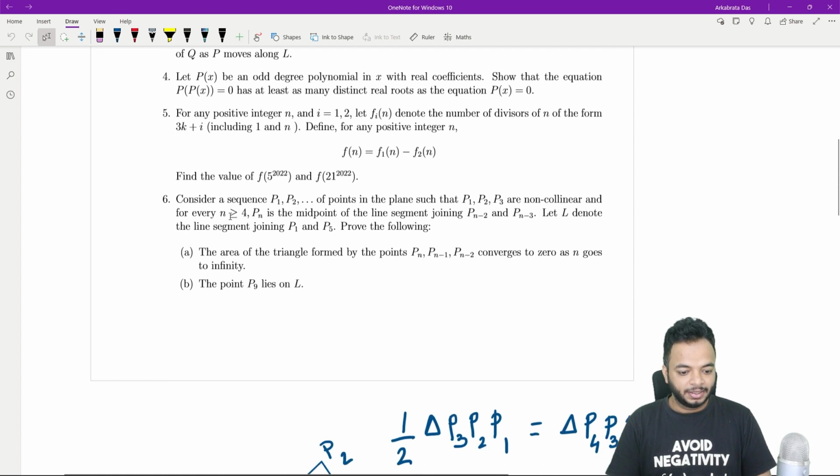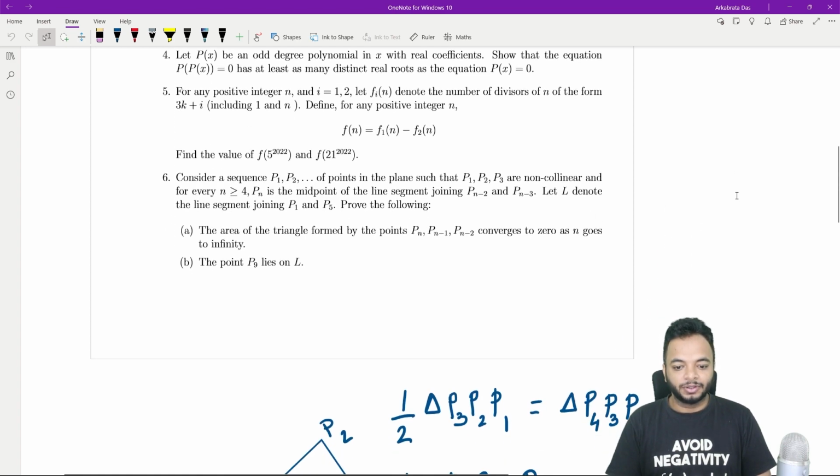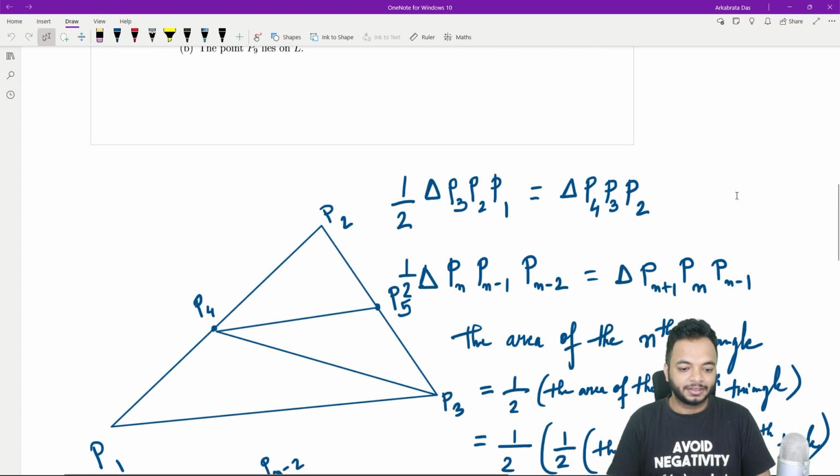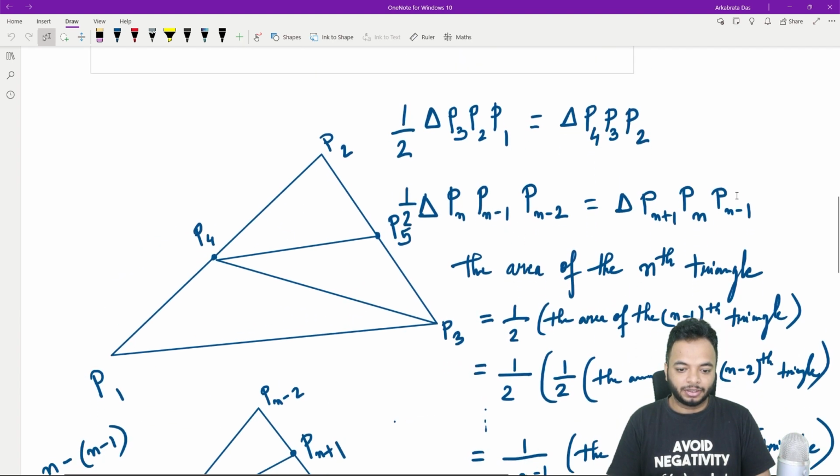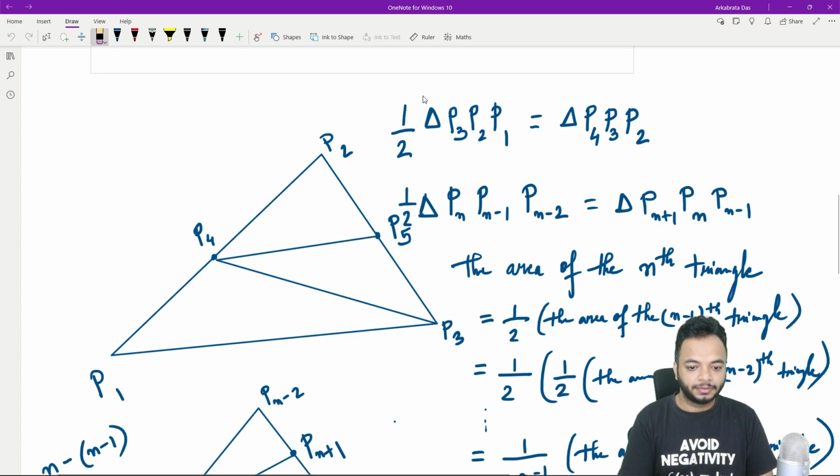So okay, now there is something more, that is, let L denote the line segment joining P1 and P5. Now you have to prove that the point P9 lies on L. Okay, so let's draw the diagram. So I'll be rubbing this out.